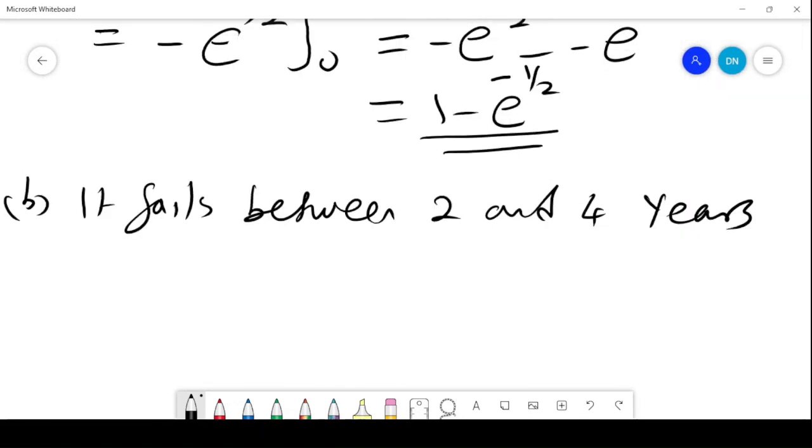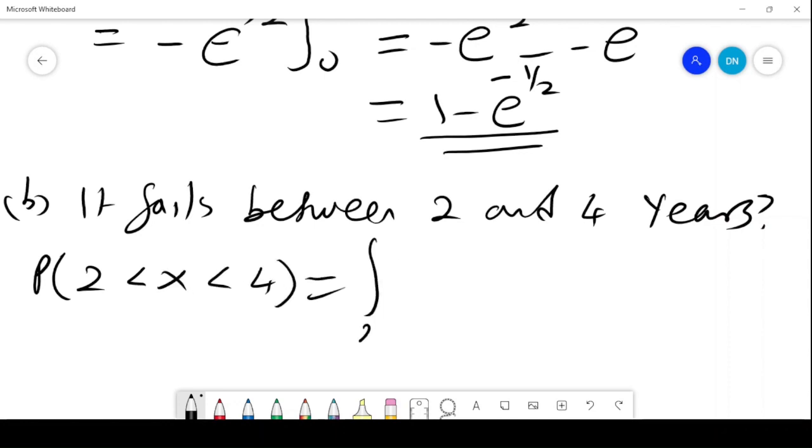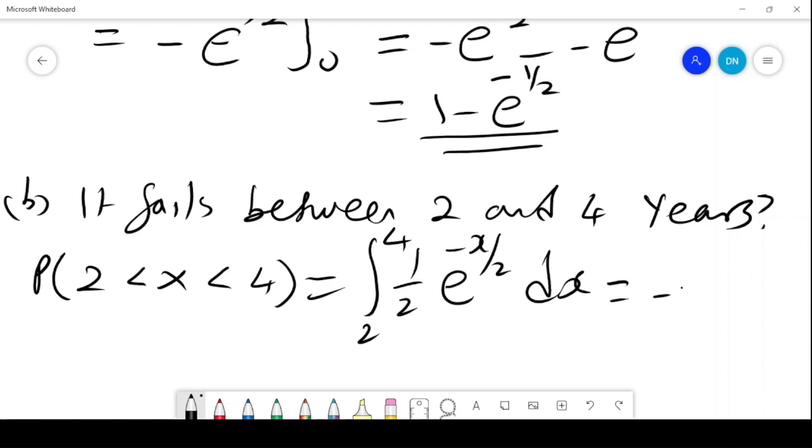Now, since mu is in years, what if it fails within 2 to 4 years? I'll be looking for the probability that x will lie in that interval. So it is the integral from 2 to 4 of 1 over 2 e raised to negative x over 2 dx. This is equal to minus e raised to minus x over 2, from 2 to 4.